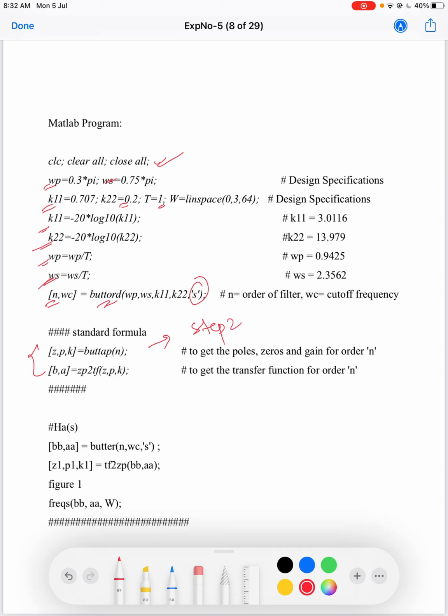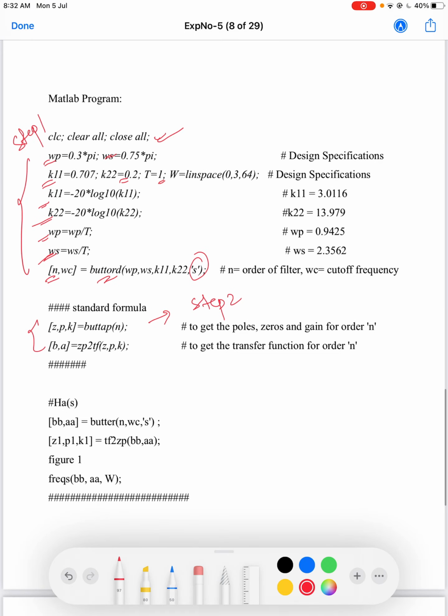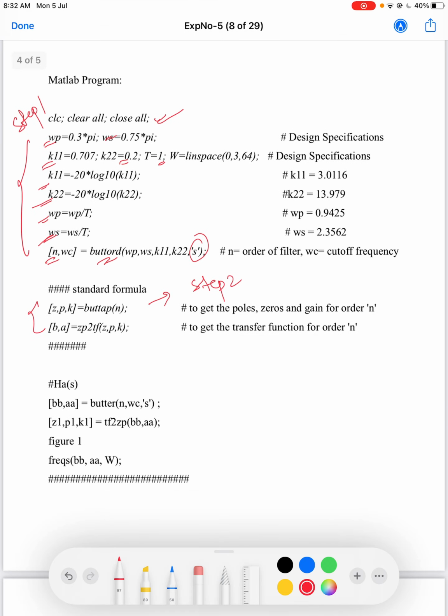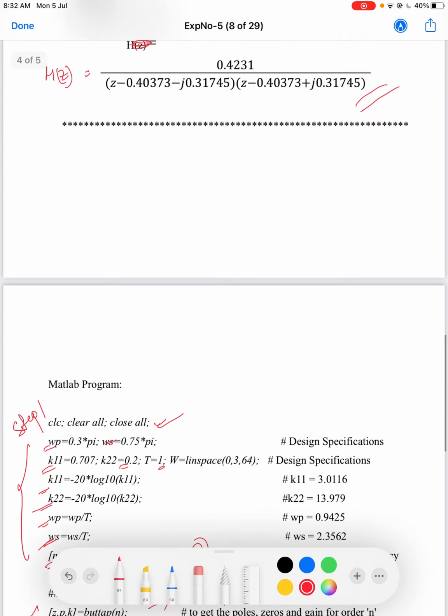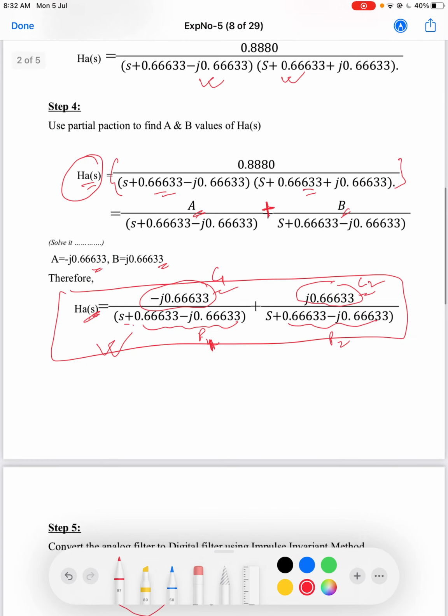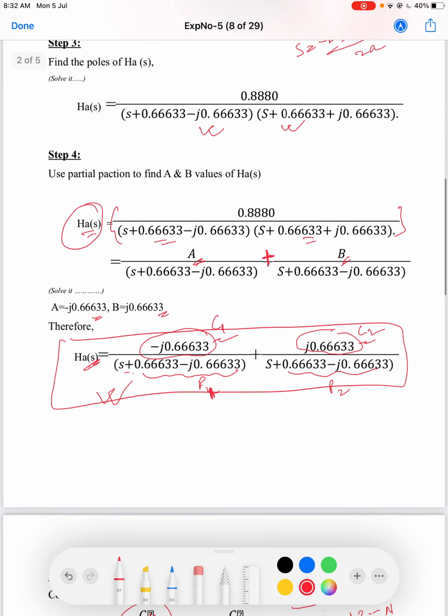Till here it is step number 1, till that is step number 2. This is finding HA of s. This is HA of s, step number 3. Just check it out.